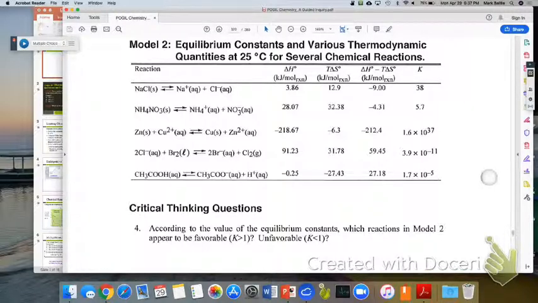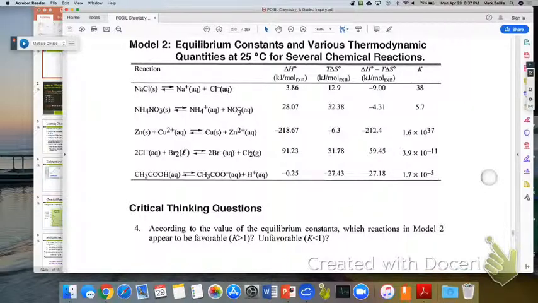All right, and then for chemical reactions with K less than 1, delta G naught is positive. So that means when we have a K of 1, what does that mean for delta G naught?